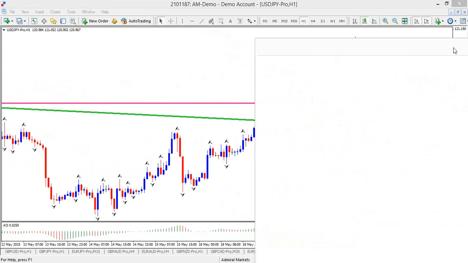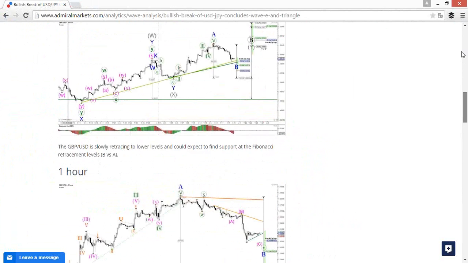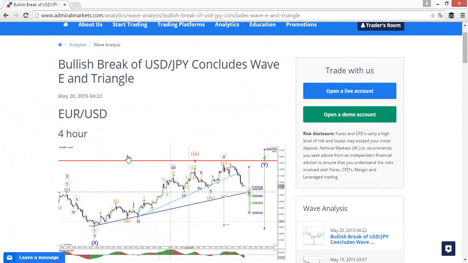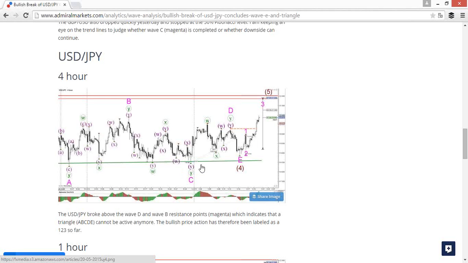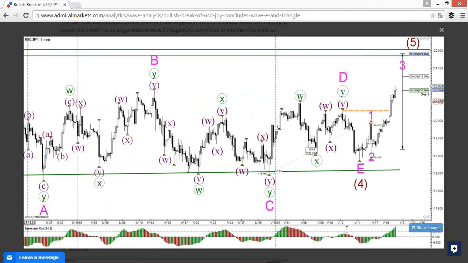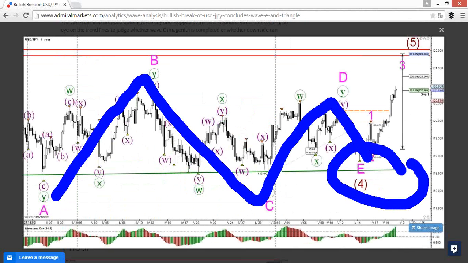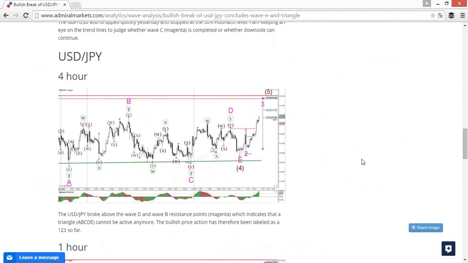For those that looked at the wave analysis by any chance this morning, know that it was a bullish break of dollar yen. The bullish break of dollar yen concludes wave E and the triangle, and you can see that this triangle is finished a bit early. The E was short, and we're now in an impulse to the upside.